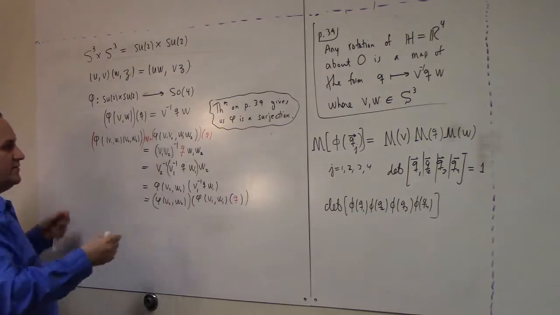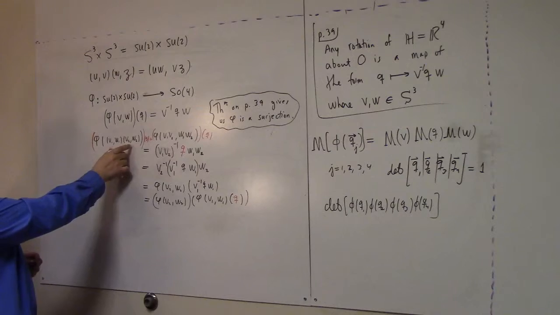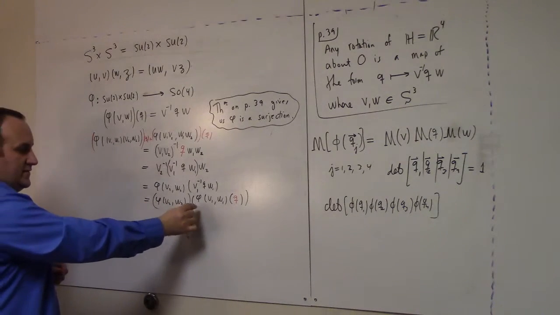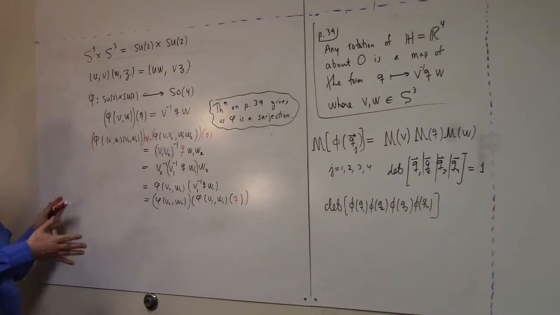Then you can strip the Q off and argue that the phi of the product is the composite of these, which is what we want to show, because the multiplication in the rotations, if we look at rotations as linear transformations, is that of function composition, and that's what we've shown. So it is a homomorphism, right?